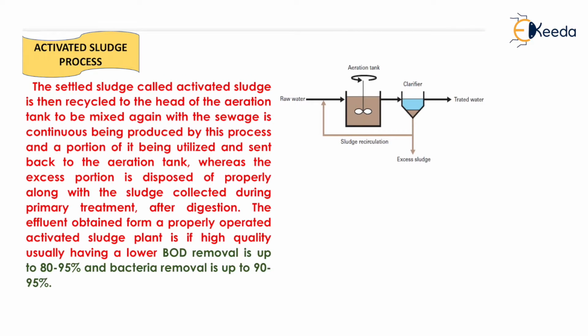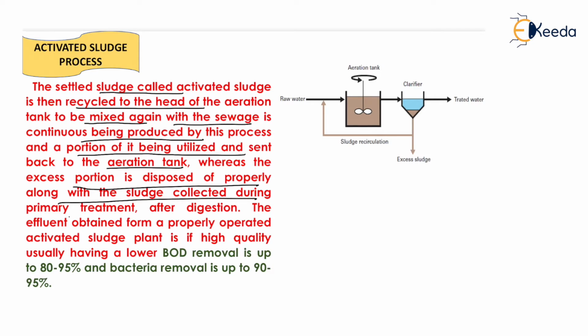Clear to all? Now the settled sludge, called activated sludge, is recycled to the head of the aeration tank to be mixed again with the sewage. It is continuously produced by this process, and a portion of it is utilized and sent back to the aeration tank, whereas the excess portion is disposed of properly along with the sludge collected during primary treatment. After digestion, the effluent obtained from a properly operated activated sludge plant is of high quality.